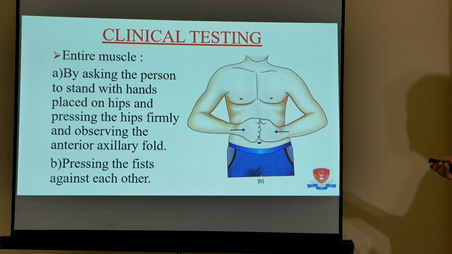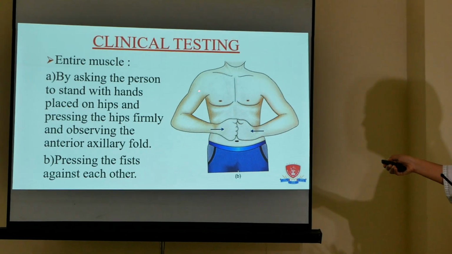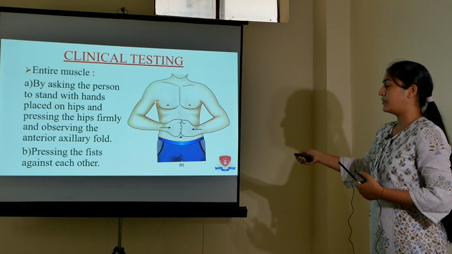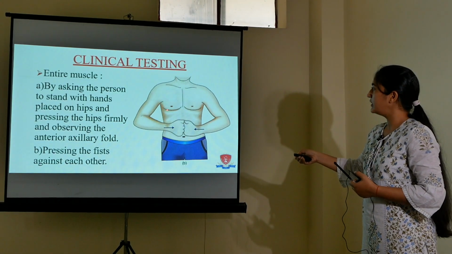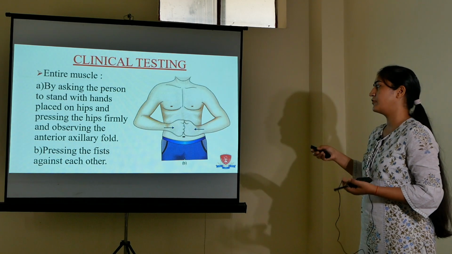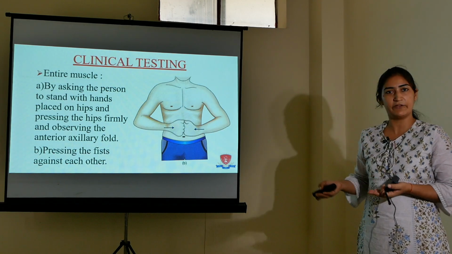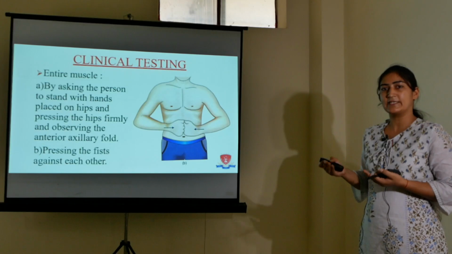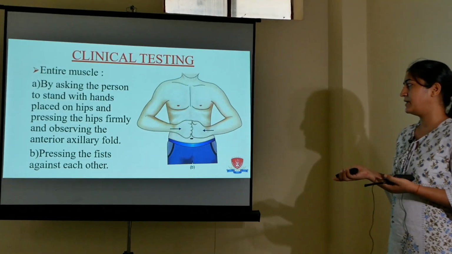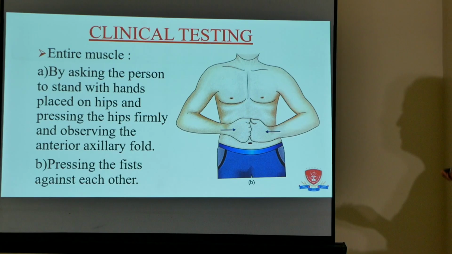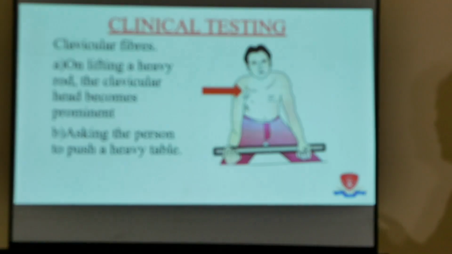When the person presses the fists against each other, the fibers lying over here will become contracted. So there will be a rounded contour on both sides. If you find a good anterior axillary fold, that means the muscle is intact. This action is done by the pectoralis major, so you can look for some other reason.